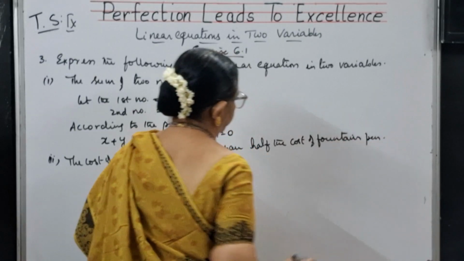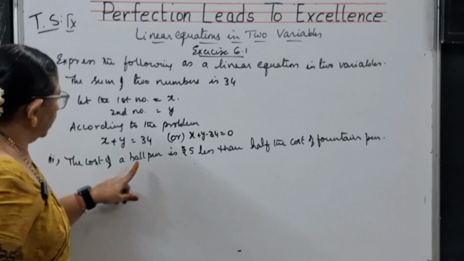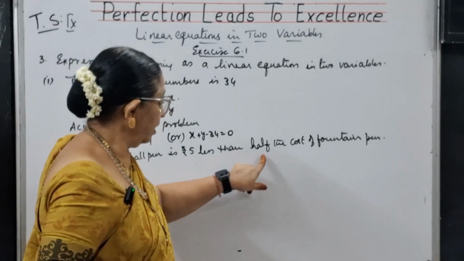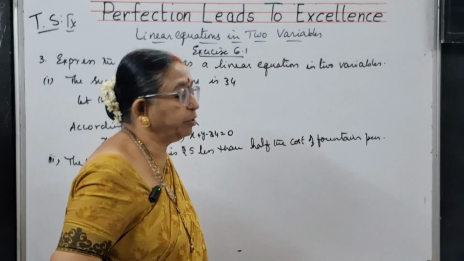This is the statement. The cost of a ball pen is 5 rupees less than half the cost of a fountain pen.